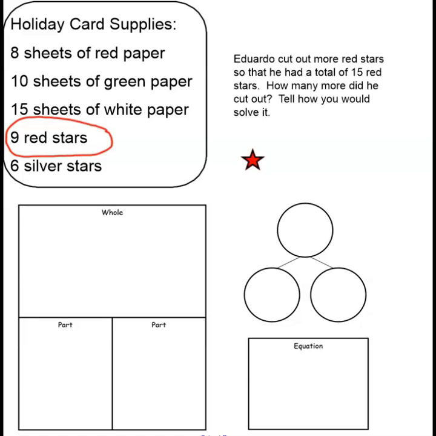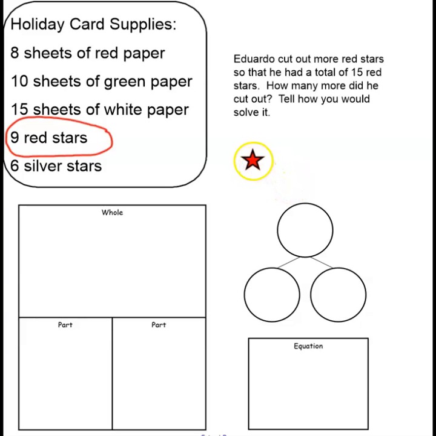So we have the number 15. What does that number represent? That's the total number of red stars that he had. How many did he have in the beginning? That's right, he had 9, because we know from our data, we had 9 red stars to start out with.